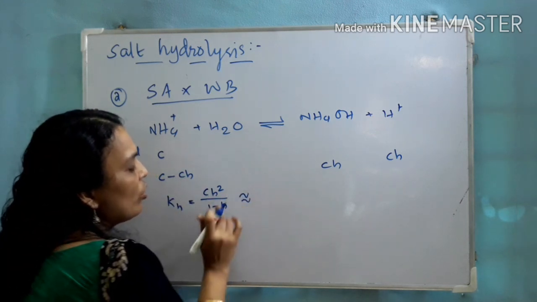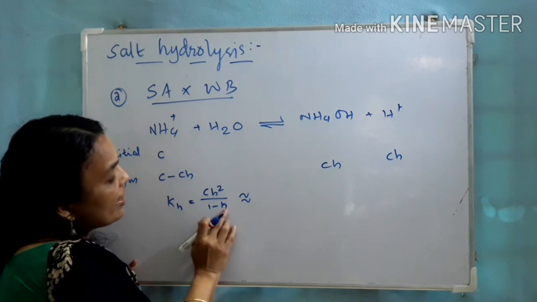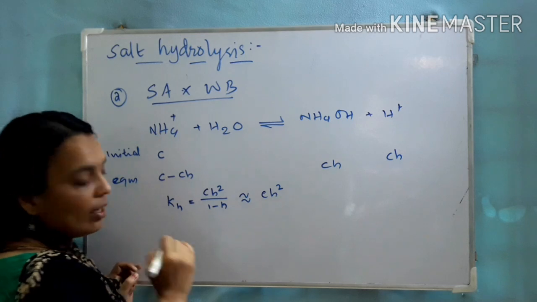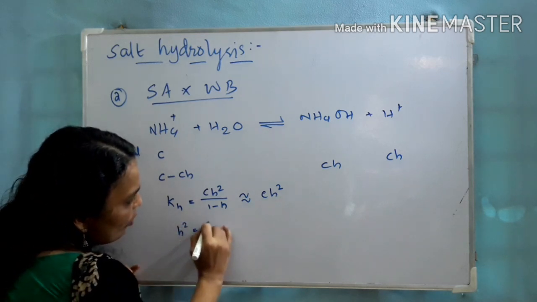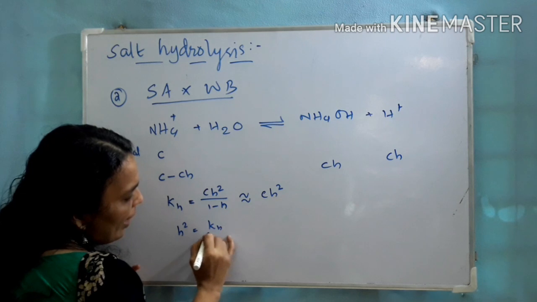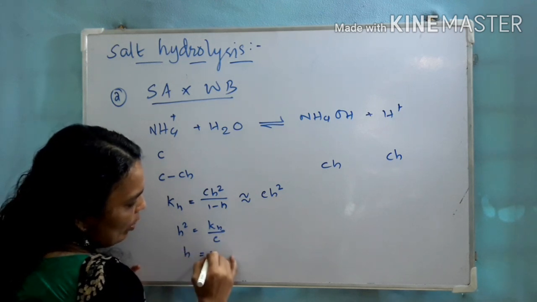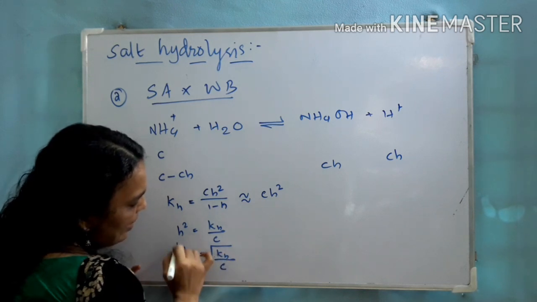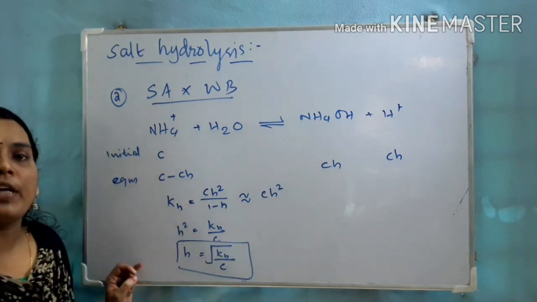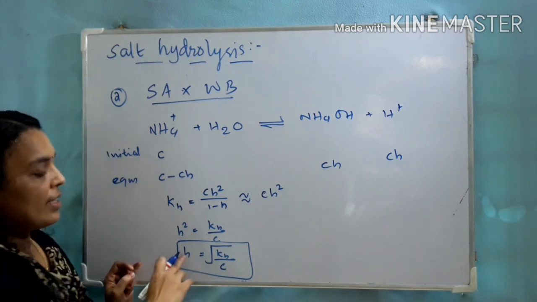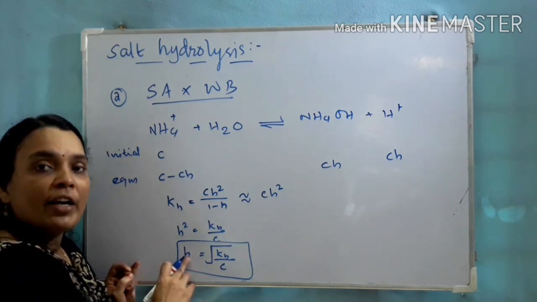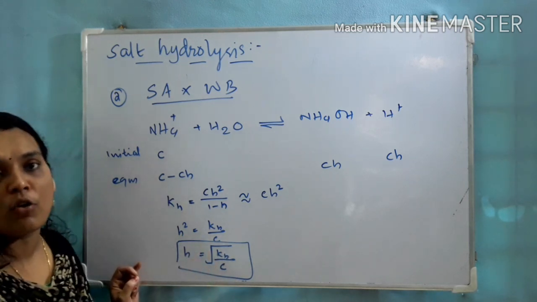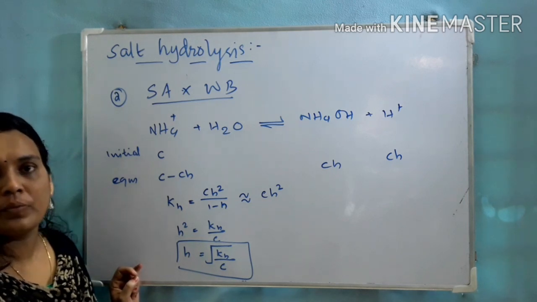That is nearly equal to, since hydrolysis is very small, let us neglect h from the denominator, Ch square, or h square is equal to Kh by C, or h is equal to root of Kh by C. That is called the degree of hydrolysis, where Kh is the hydrolysis constant and C is the concentration of ammonium ion. Okay.